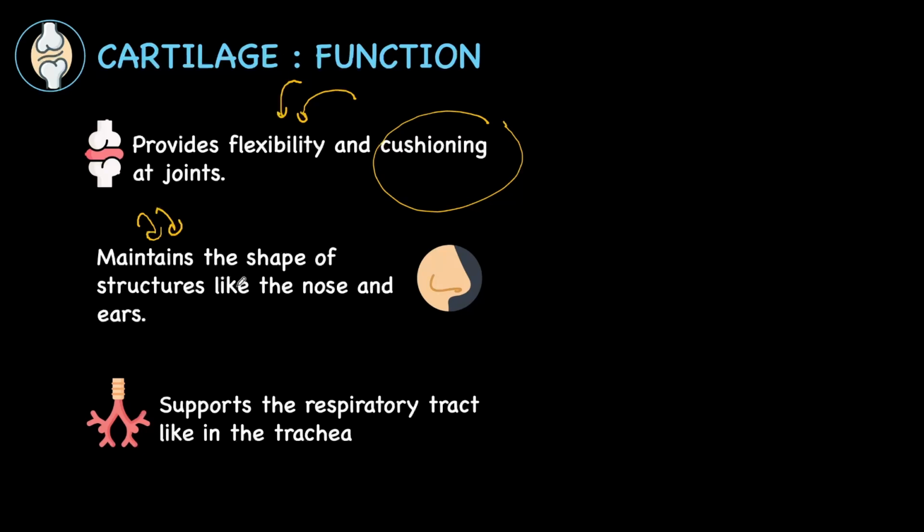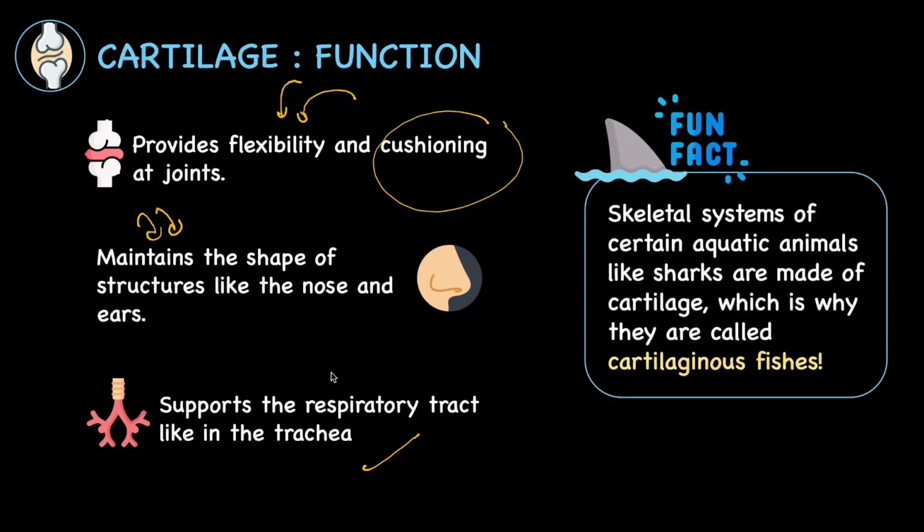The cartilage present in the respiratory tract actually supports the trachea. Now, in some animals, the entire body is made of cartilage. So, when you look at the skeletal systems of aquatic animals like sharks, they do not have bones in their body, but instead, the cartilage acts as a skeletal system, which is why such fishes are called cartilaginous fishes.